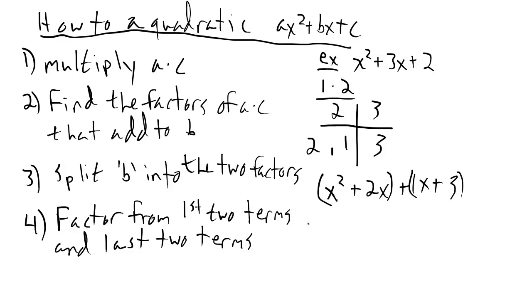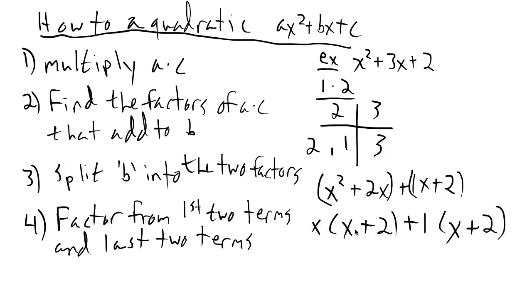They both have an x that they're divisible by. We can pull out an x, and when we do that, we're left with x plus 2. What about x plus 2? Well, there's nothing, and remember, when we pull out nothing, we just pull out 1. Oh, excuse me, this should not be 3, this should be 2. So we pull out an x from the first two terms, we pull out a 1 from the second two terms.